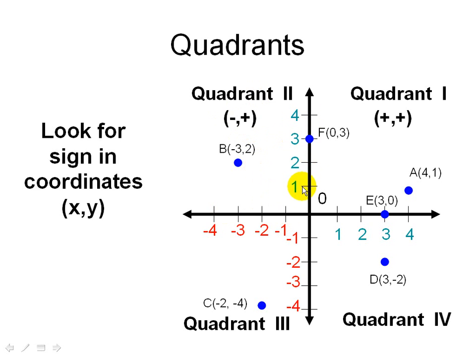For quadrant 3, both x and y are negative, shown here. And then in quadrant 4, we have a positive x-coordinate and a negative y-coordinate. Again, a positive x and a negative y. And you can see it correlates here with the points that we plotted in the various quadrants shown in this diagram.